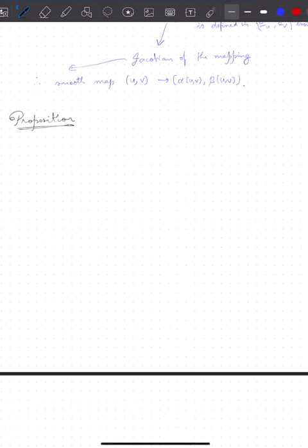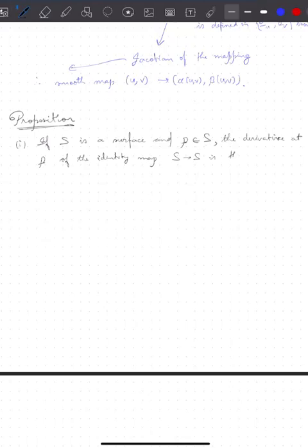So it says that, number one, if S is a surface and vector P is an element of S, the derivative at P of the identity map from S to S is the identity map from T_P S to T_P S. Right?